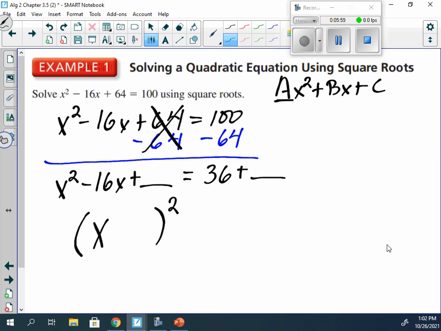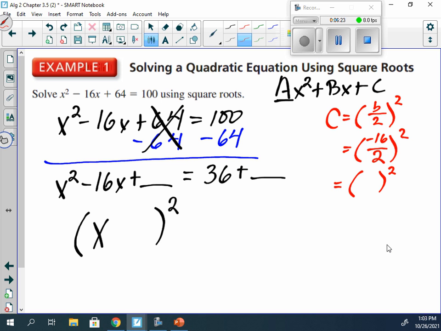Before we can get there, we need to find the value of C that will make this into a perfect square trinomial. To get that, we take B divided by 2 squared. In this case, the value of B is negative 16, because we take the sign too.